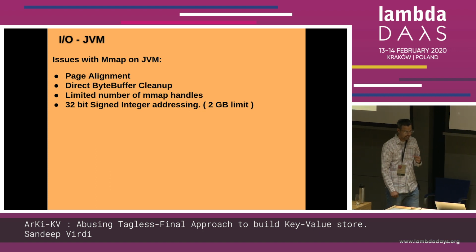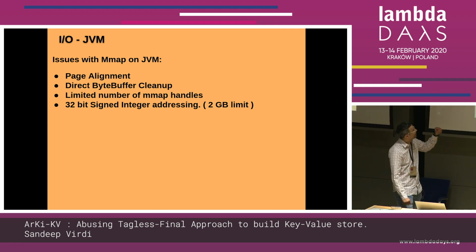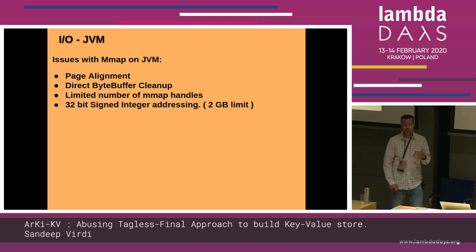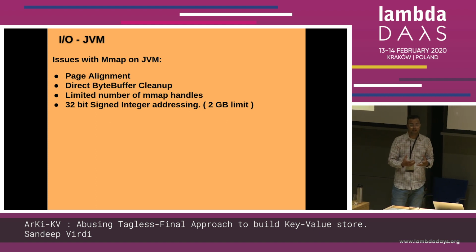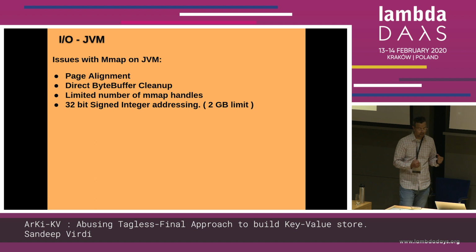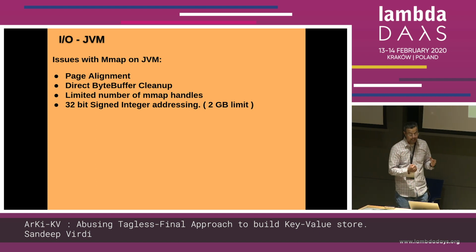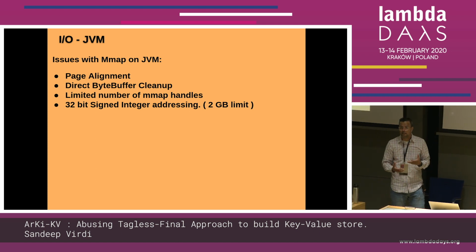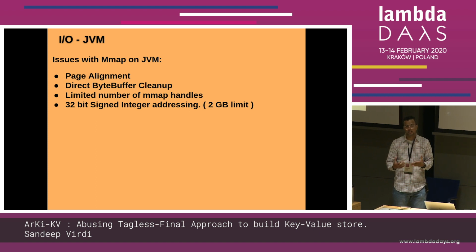That'll be bad, right? Okay, so direct byte buffers, cleanup. There is actually no unmap method to reclaim the direct byte buffer that you've just allocated. There is the Sun Miscellaneous Cleaner API, but then the deallocation semantics are not deterministic.